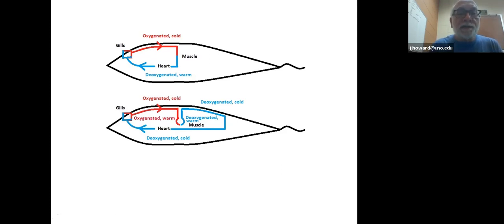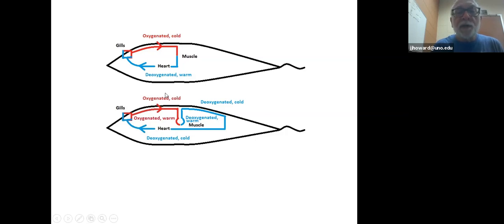So you've got that oxygenated cold blood coming from the gills along the outside of the fish, just as in this fish up top. And then it plunges into the muscles, and it gives up its oxygen and it gets warm. And then it is collected in veins that circulate not directly back to the heart, but to the outside of the fish, parallel to the incoming arteries.